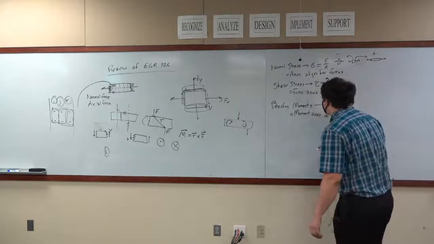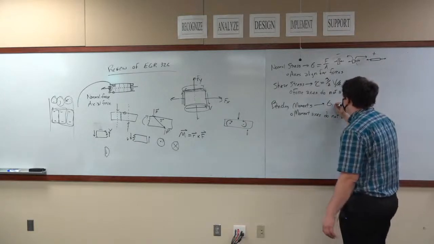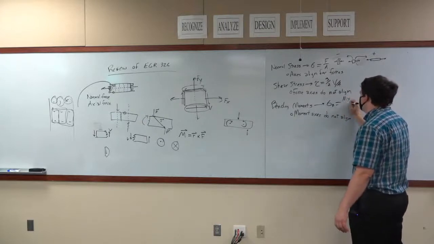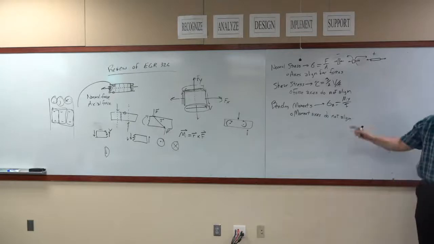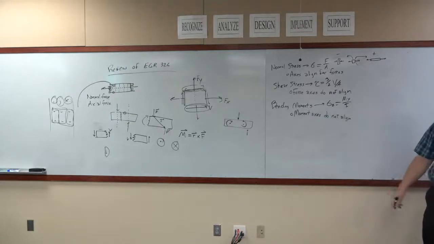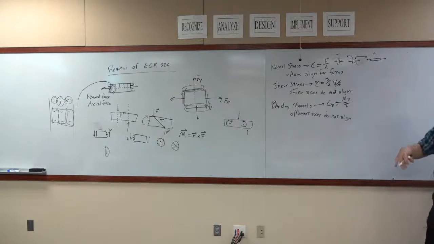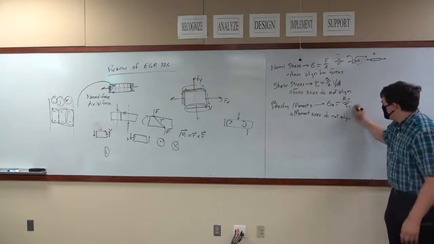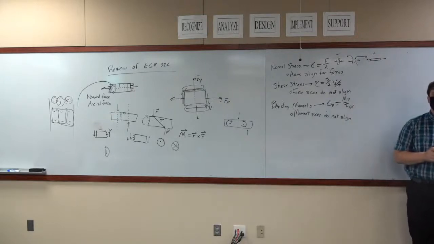Here, a bending moment creates a stress sigma. Some people write sigma b, and that value is equal to My over I, where M is the moment, y is the distance from the centroid of that shape to wherever you're analyzing the stress at, and I is Ixx, the second moment of inertia of that cross section.